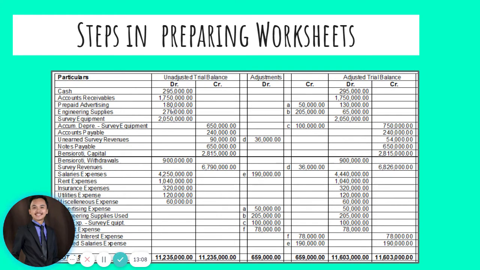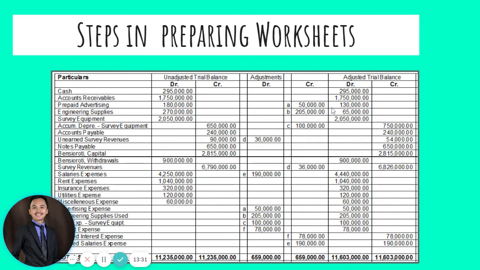We have a debit of prepaid advertising for 180,000. And then we have an adjustment of credits for 50,000. Again, the rule on integers, guys. Since they have different signs, the one is debit and the other is credit, we need to subtract. So 180 minus 50 is equal to 130,000.